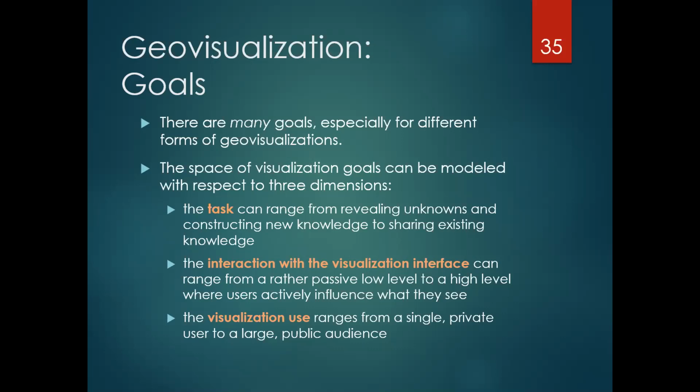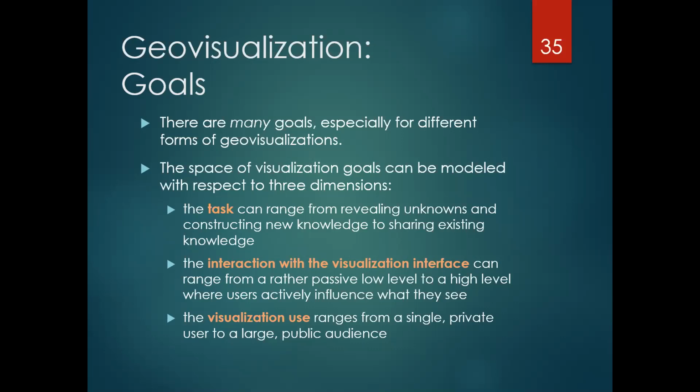Okay, so these three dimensions include task, interaction with the visualization interface, and the visualization use. The task can range from revealing unknowns and constructing new knowledge to sharing existing knowledge. So on this dimension, the two extremes are revealing unknowns and sharing knowns.